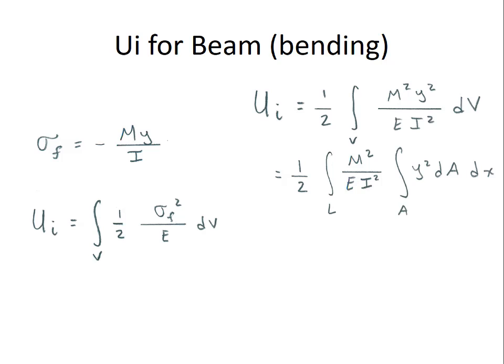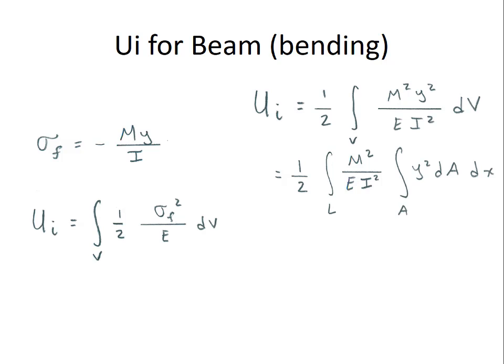When we do that, we recognize that y, which is a coordinate vertically along the cross-section, has to remain in the integral over the cross-section. But the moment, the modulus of elasticity, and the moment of inertia don't vary on the cross-section. So let's think about this. If I draw a moment diagram, there's only one value of moment at any given location in the beam.